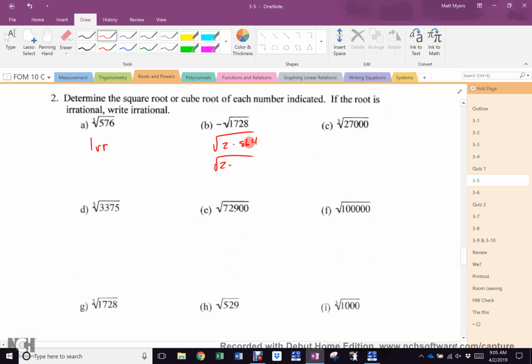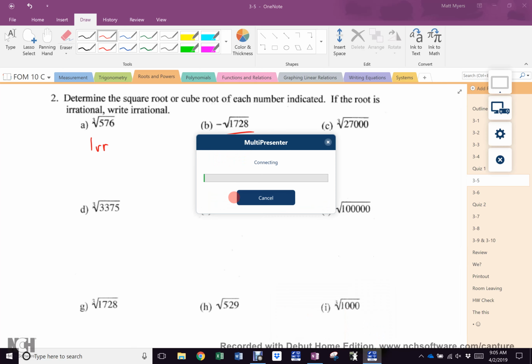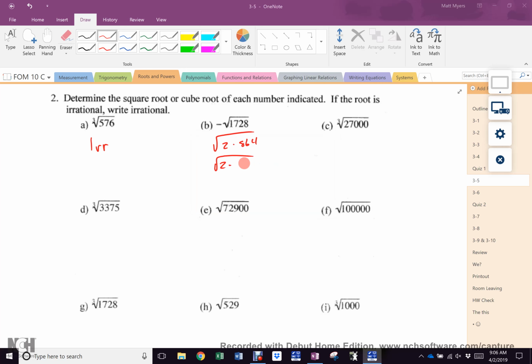What would you break down 864 with? 2 again. 2 and 432, correct? Well, okay, so now instead of 2 times 2, I've got 4, right? Does 4 have a square root? Okay. 432, that's not on our square root list, is it? Everybody understand how to do it? Following what's going on?